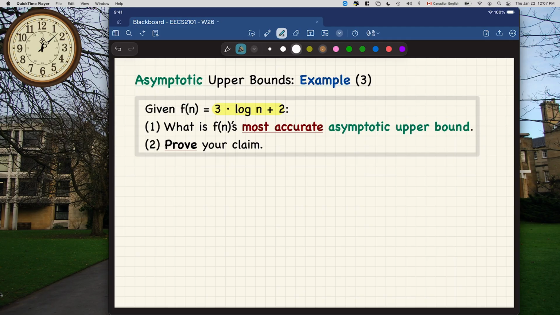If you already got to the point where you got c and n0, of course, you've got to verify.